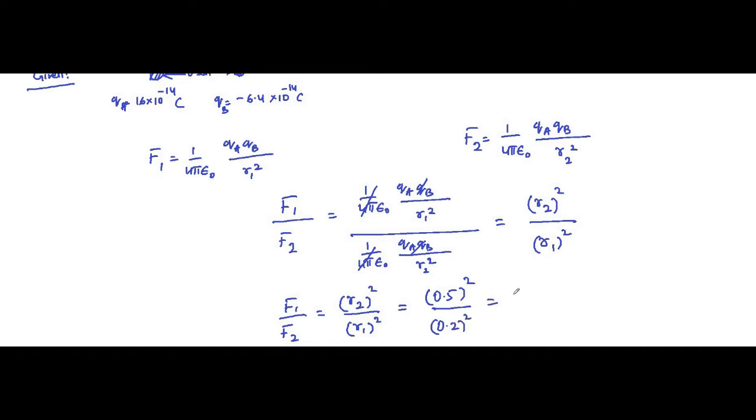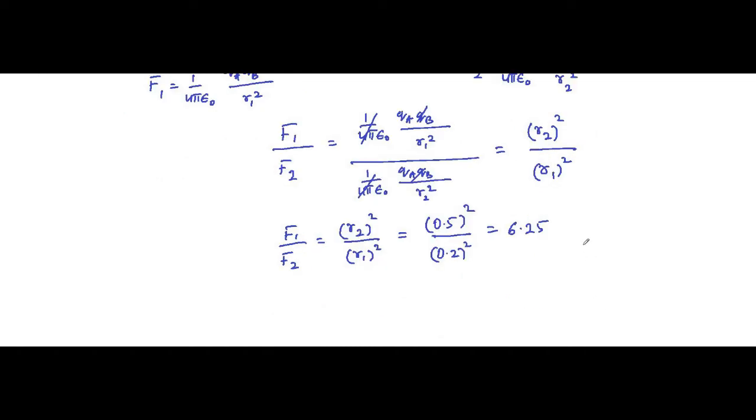So that is coming around 6.25. So the ratio of the two forces at the two positions, first at 0.2 meter and then at 0.5 meter, is equal to 6.25.